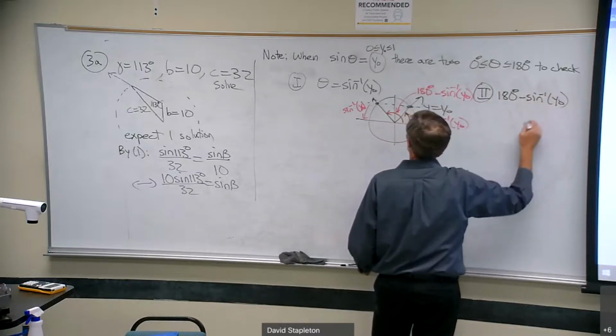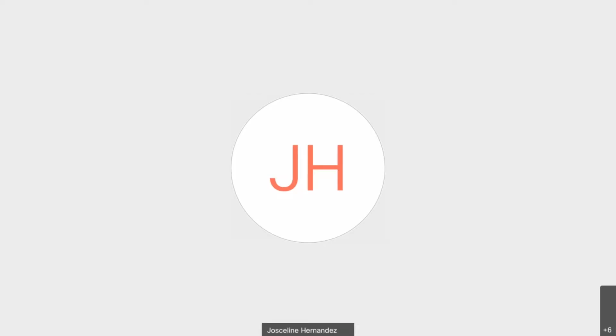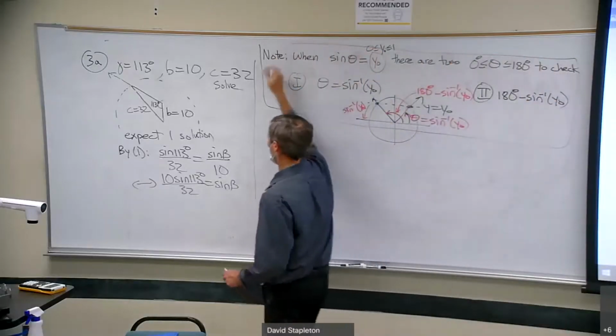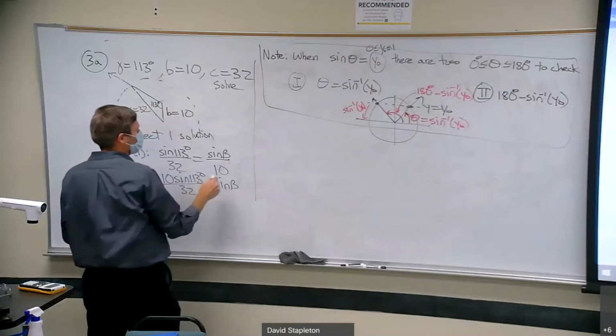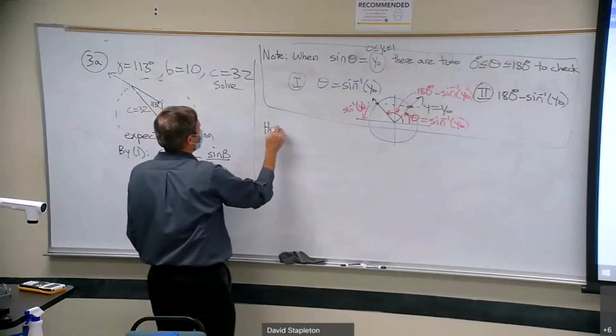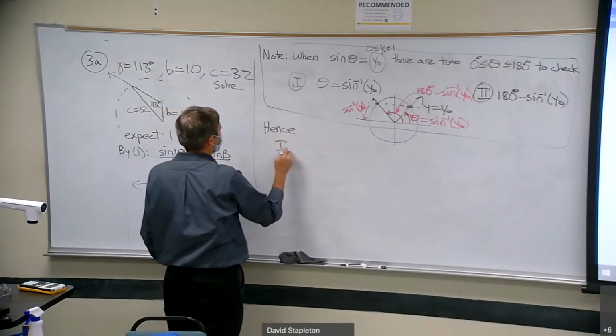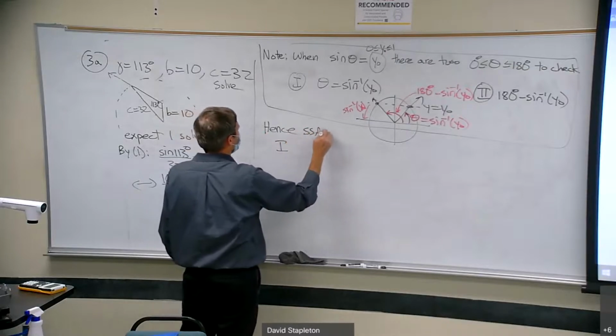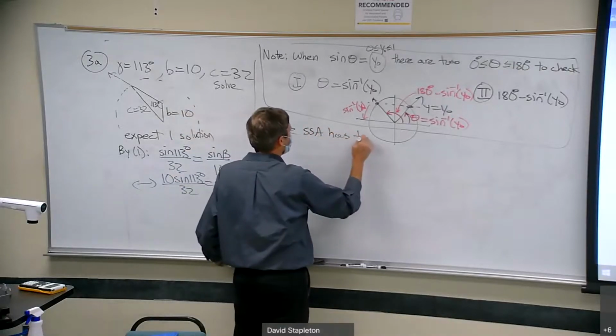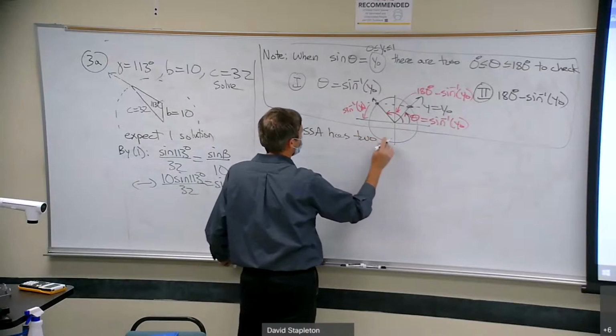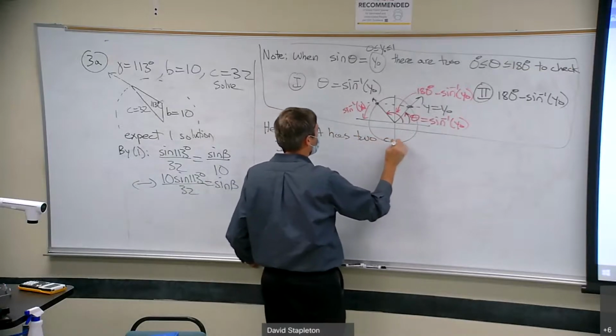So that's what we're going to do here. This is a side note. That's the derivation. When I have sine beta equals a number, I have to break it up into two cases. Side-side angle has two cases to consider. You may or may not get solutions to both.